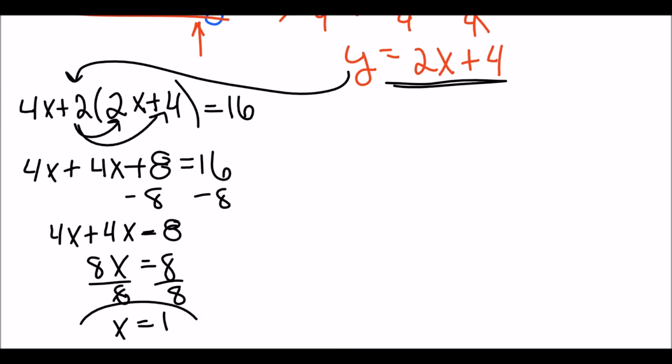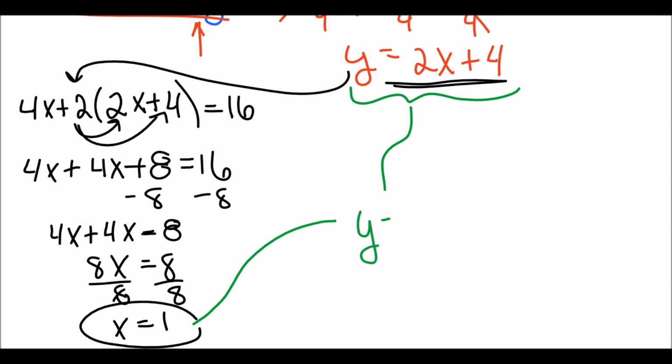So we know that's part of our solution, but now we just need the y component. So let's take this value of x, and you can pick any of the equations, but I'm going to pick this equation just because y is already solved for. And we're going to say y = 2 times, there's our 1 for x that we just found, plus 4.